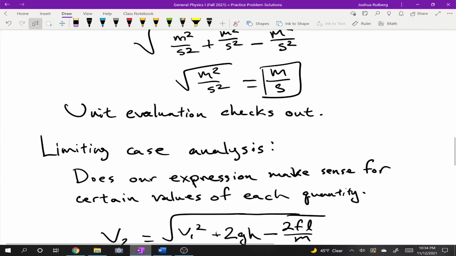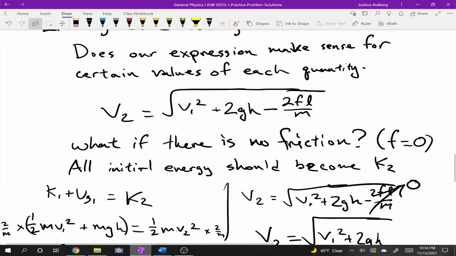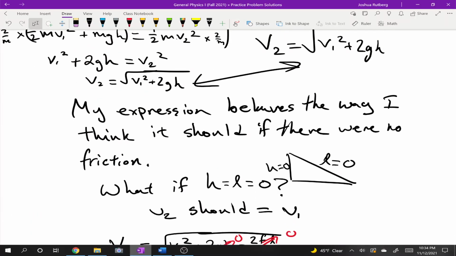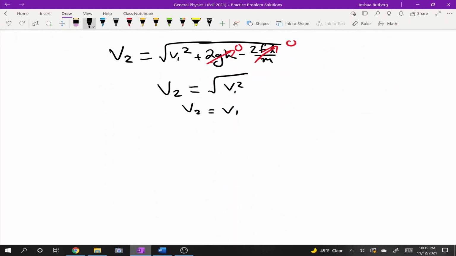We've shown that the units work, and we've shown that our expression behaves the way we expect it to if we remove friction, and it behaves the way we expect it to if we remove the slide, if we set the height equal to 0. So I'm convinced.